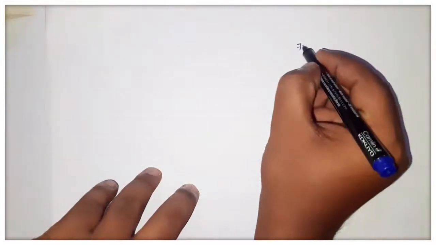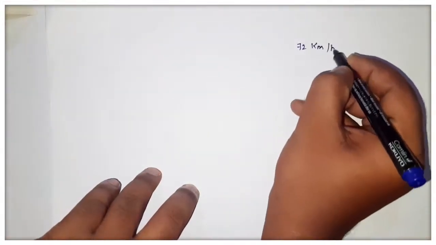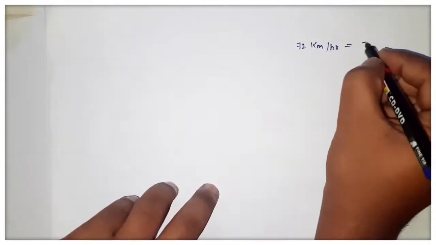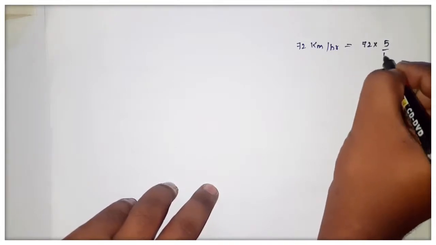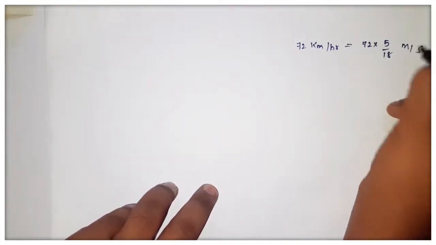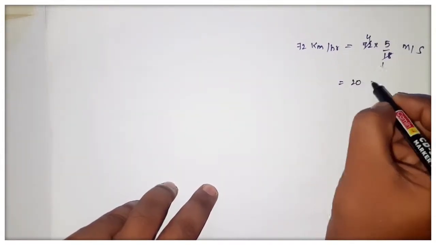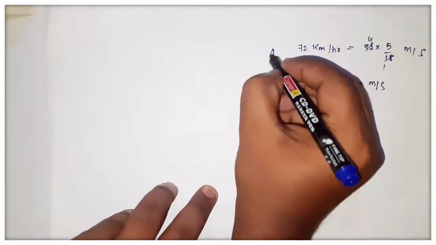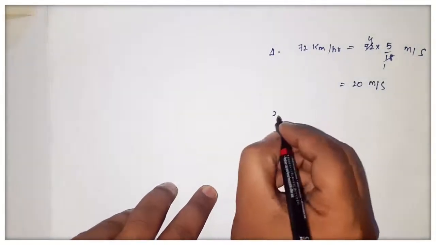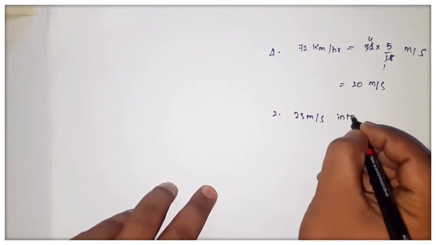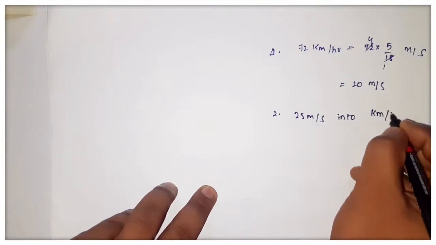Question number 1, convert 72 kilometer per hour into meter per second. 72 kilometer per hour in meter per second is equal to 72 into 5 by 18 meter per second. That is nothing but 20 meter per second. And convert 25 meter per second into kilometer per hour.